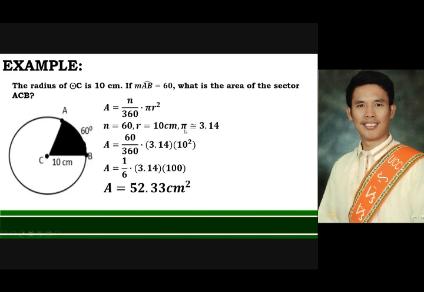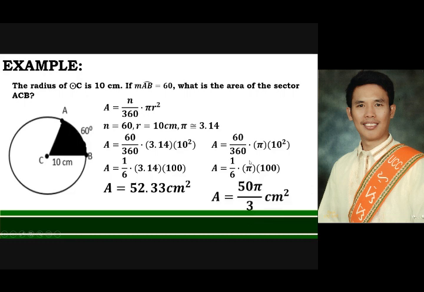Gamitin lang natin si pi. Pwede naman. So, we have here 60 over 360 multiplied by pi times 10 squared. Dahil gagamitin natin si pi itself, we have 1 over 6 times pi multiplied to 100. The result will be 50 pi over 3 centimeter squared. Okay. So, let's continue.